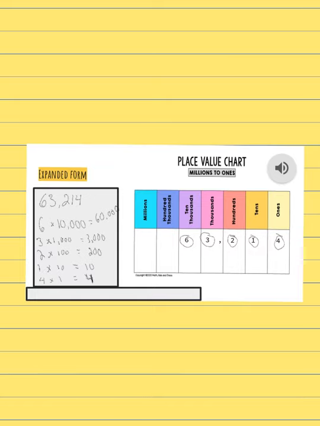And then as we write that in expanded form, it's going to look like this: 60,000 plus 3,000 plus 200 plus 10 plus 4. So you just take each of the values and put a plus sign in between them, and this right here is what you get for expanded form.